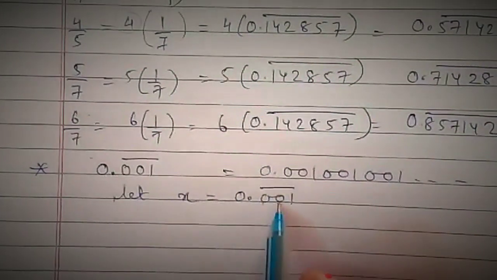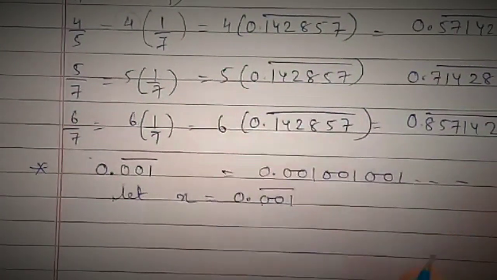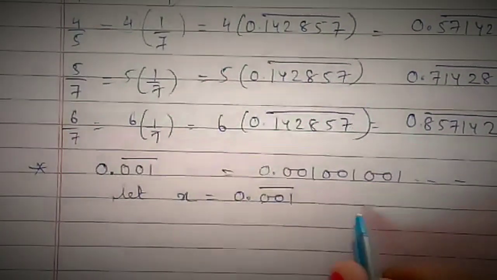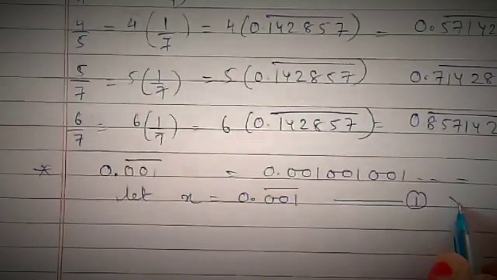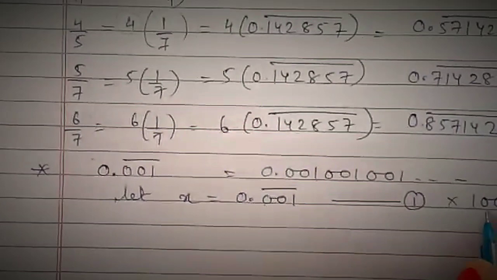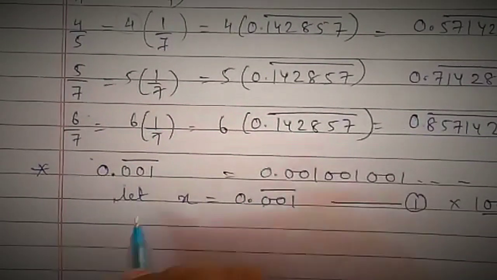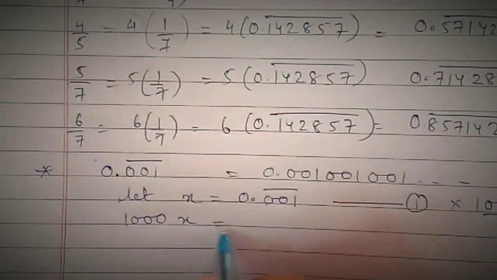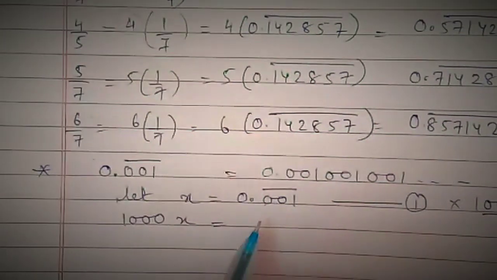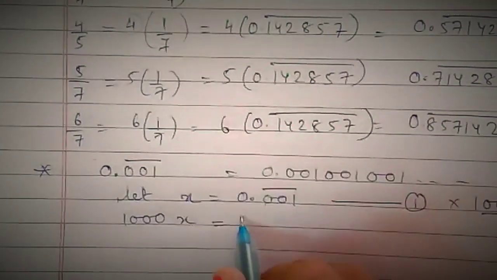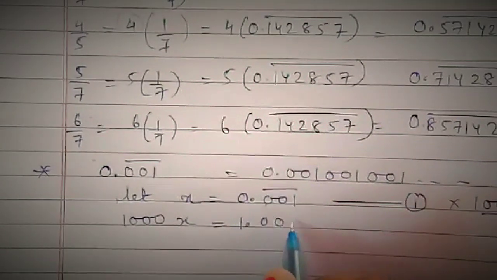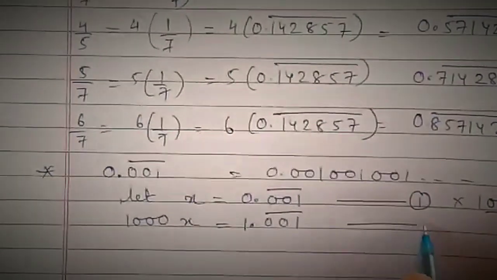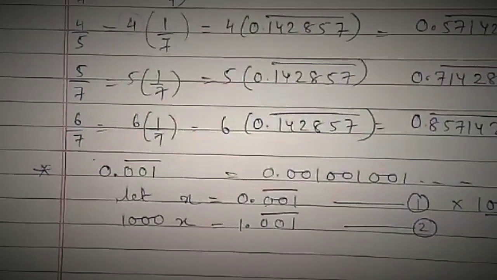Now as 3 numbers are repeated in the string, we have to multiply this result number 1 by 1000, as 1000 contains 3 zeros. So the next step will be 1000x is equal to, when we multiply the right hand side by 1000, it will become 1.001 the whole bar, and let us take this as result number 2.